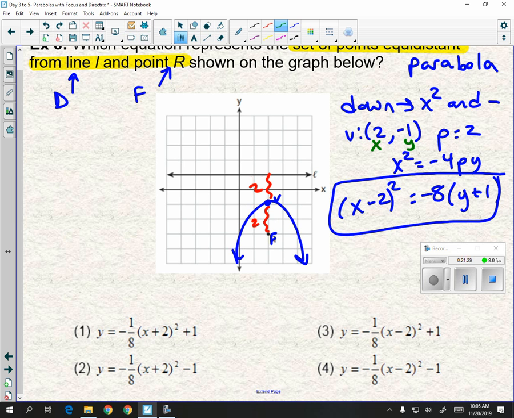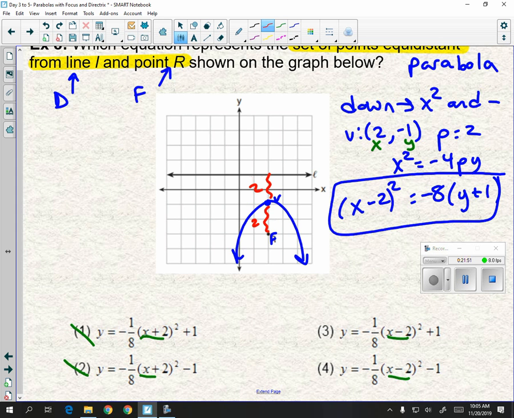So all of my x values in these answer choices are in parentheses. And if it's in parentheses, you take the opposite. If my x value is a 2, my equation should have an x minus 2 in parentheses. So that means it can't be choice 1 or 2. Has to be 3 or 4 because we have the x minus 2 going on.